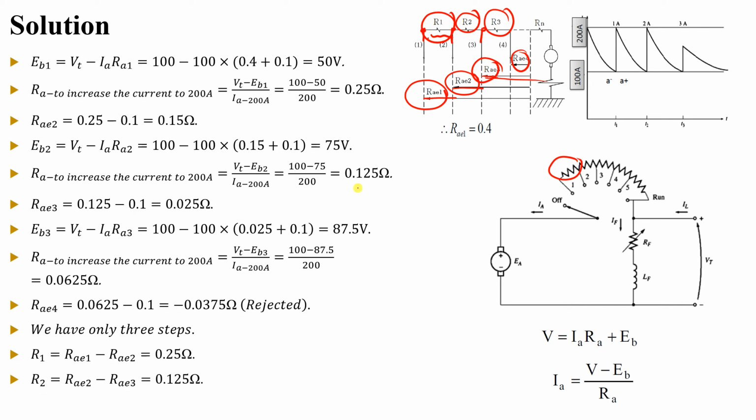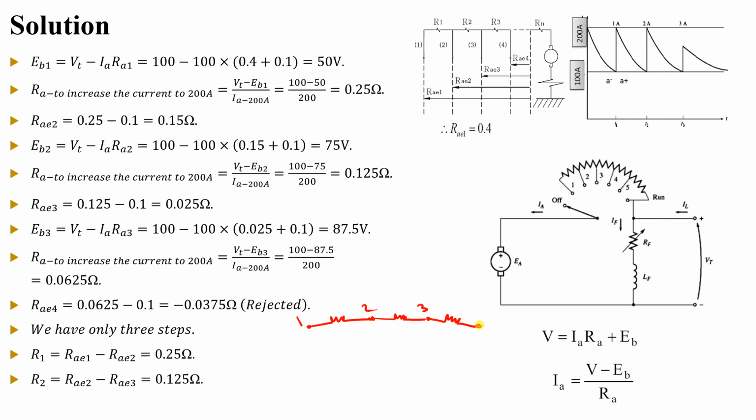So let me draw these steps for you. We have 1, 2, 3, and the run position. Between them there is a resistance.